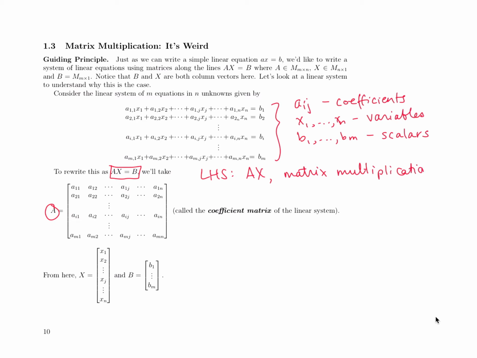So when we multiply A and x and do this out, we should hope that the entries of the matrix we get, so we'll get a matrix, the output of this multiplication is going to be a new matrix, and its entries should be those linear combinations of the x's on the left-hand side of our linear system.